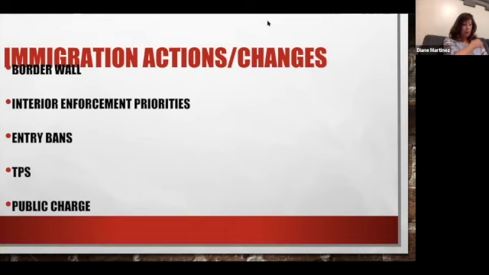Interior enforcement priorities right now. Many people have probably heard the word ICE, Immigration and Customs Enforcement. They had been doing a lot of picking up and deporting of individuals within the United States. But currently the administration has asked them to hold off on those.